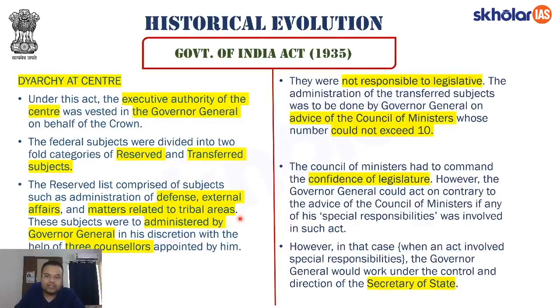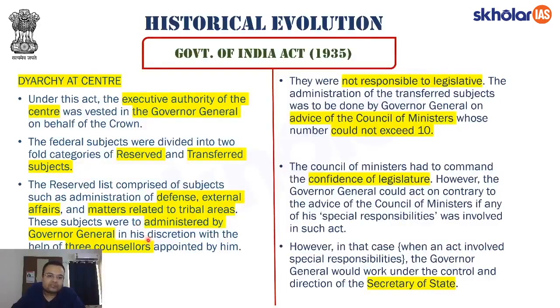The reason it was decided that tribal areas are those niche areas which need to be protected, and that cannot be effectively done if this authority was given to provincial governments. Thus, it will be the federal government, the government at the center, who would need to ensure the safety and security of the tribal areas. One can also argue that because these tribal areas were witnessing all sorts of revolts and protests, it was decided that it should be the central government keeping an eye on any kind of revolt that may break out from these tribal areas.